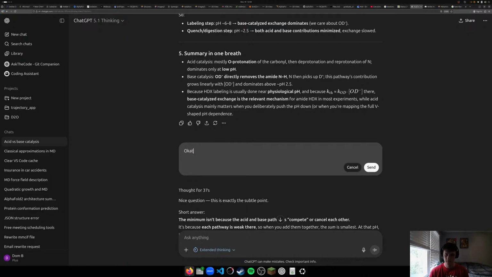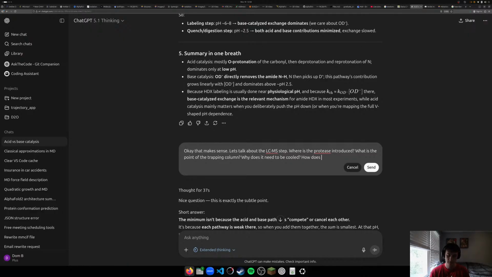Okay, let's talk about the LC-MS step. Where is the protease introduced? What is the point of the trapping column? Why does it need to be cooled?